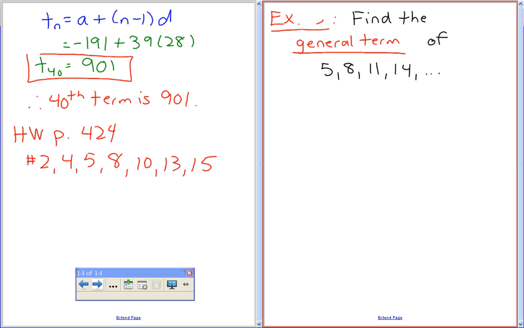Okay, example 6. Here we go. I'm sorting this in the wrong order here, but it says find the general term.